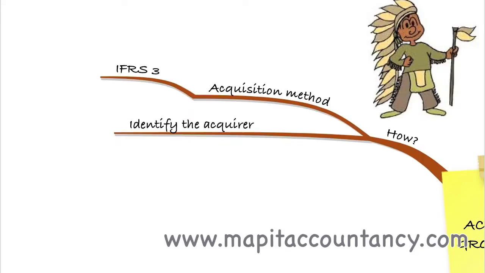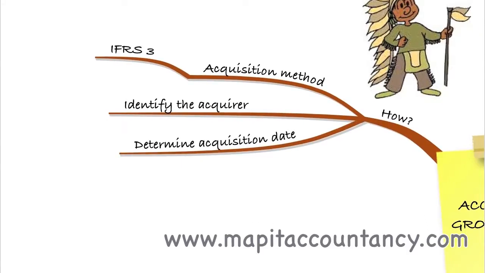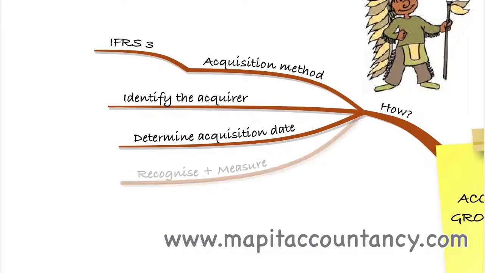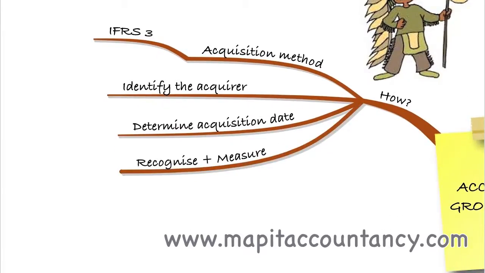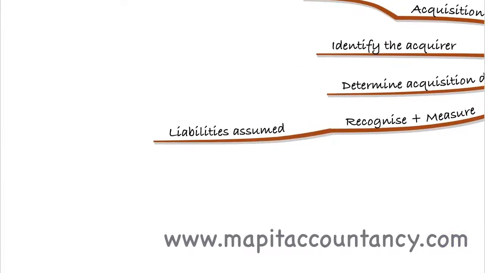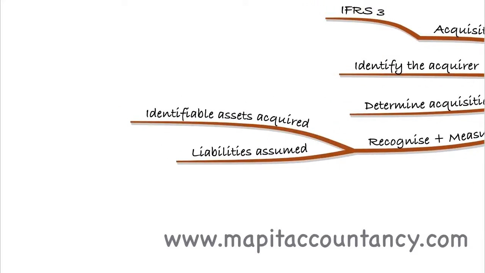The first step we said then was to identify the acquirer, i.e. identify the parent, identify the subsidiary. We then need to determine the acquisition date, and we know now that will be the date at which we obtain control, because we talked about that in IAS 27. Then we need to recognise and measure our liabilities assumed and the identifiable assets that we've acquired.